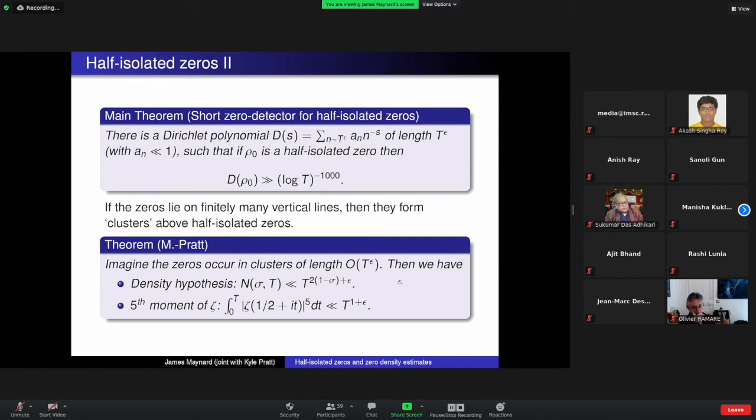So maybe before I move on, I'll just pause here to check that everyone is reasonably happy with what I'm claiming this main result is. The main result is unconditional about these half isolated zeros, but then if you combine it with the assumption that zeros lie on finitely many vertical lines, this automatically gives some nice arithmetic consequences.